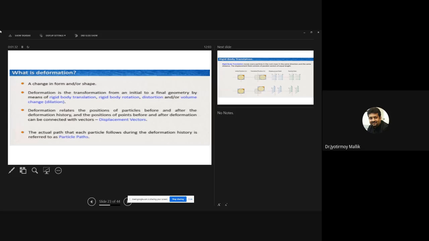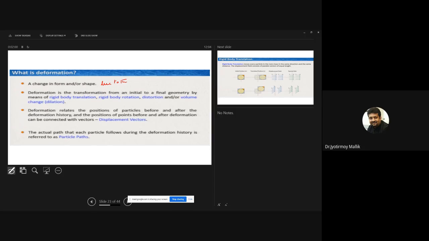So, what is deformation? Deformation is, as it is defined, very simple: a change in form and shape of an object. Okay, a change in form or shape of an object, and that typically happens because of the application of force, or in our particular case, we will say due to the application of stress.